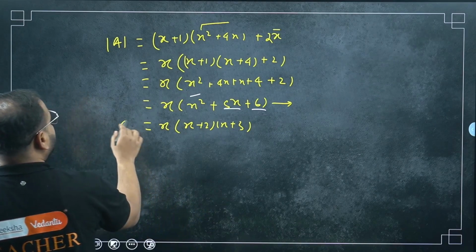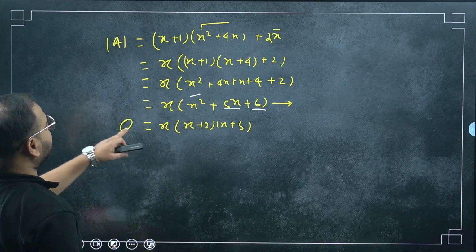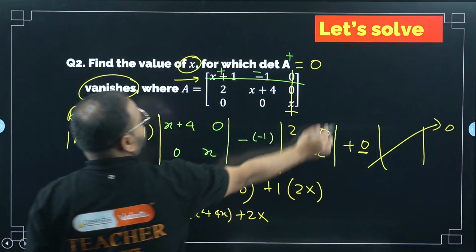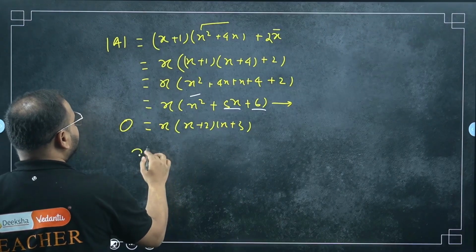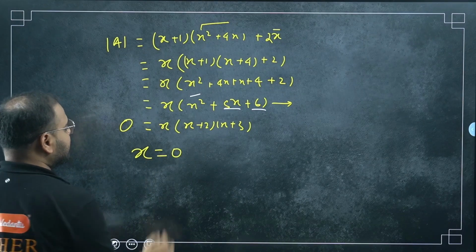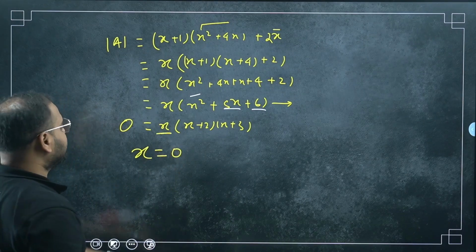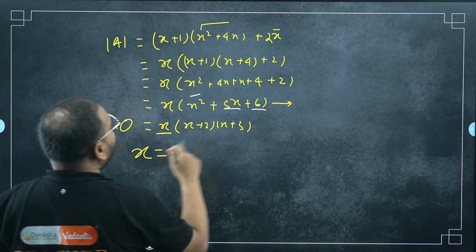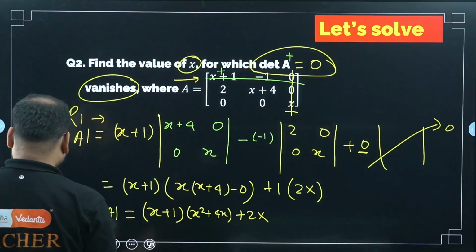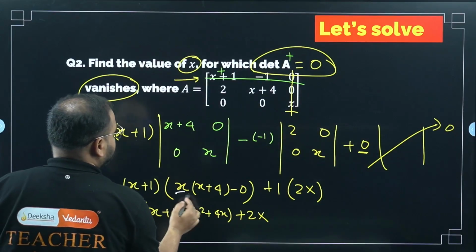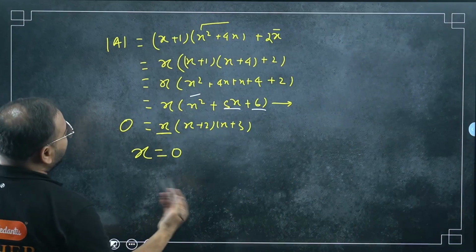And this is given as equal to 0. In the question it is given equal to 0. So what are the values of x I can get? I can get x as 0 because x is multiplied here. I hope you understood how we got this x, no? See here, this x is present already here. I don't have to multiply, but I multiplied it anyway.